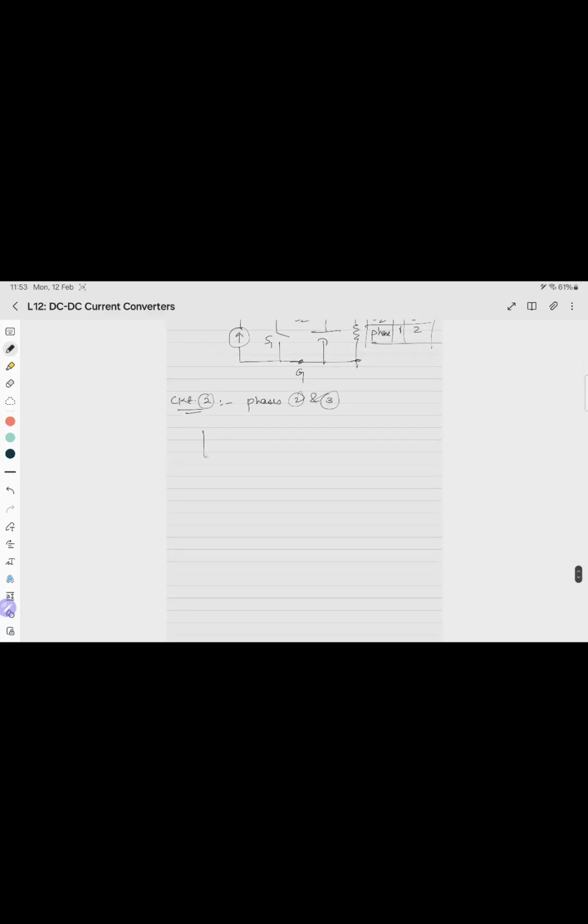Then where will be the capacitor? There is no option for the capacitor other than to be connected between nodes 1 and 2. So we'll connect the capacitor between nodes 1 and 2, like this: S1, S2, the inductor and the load.